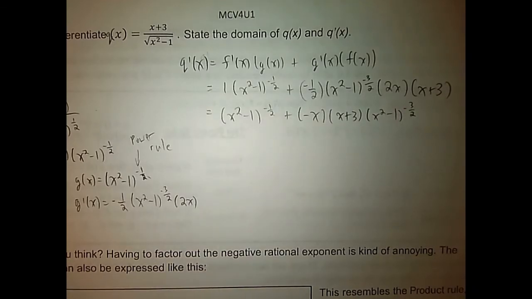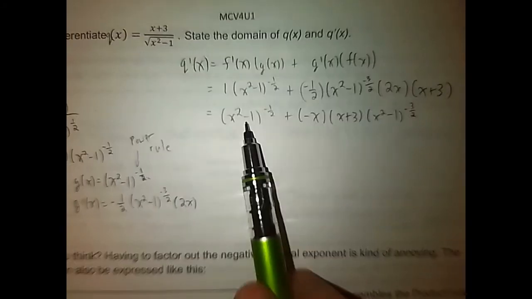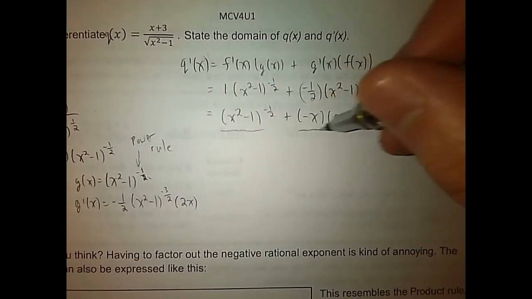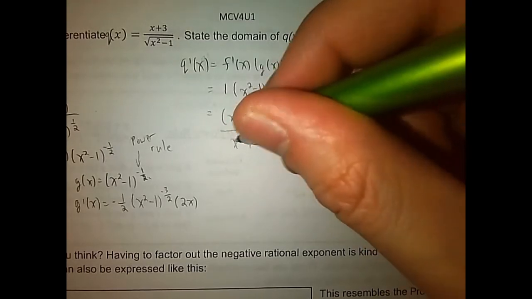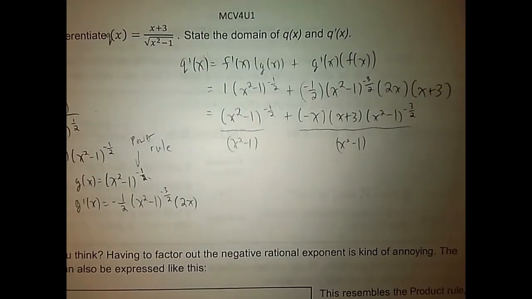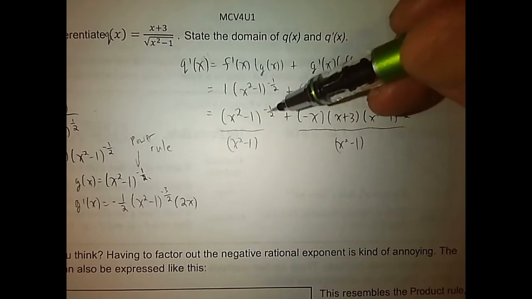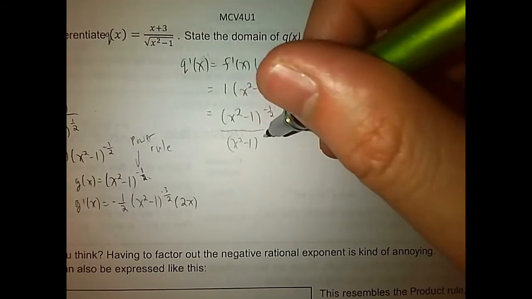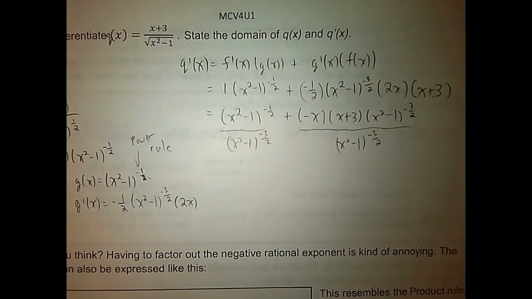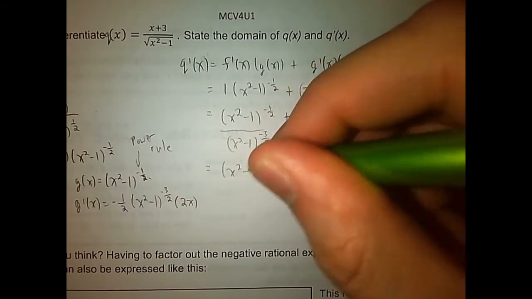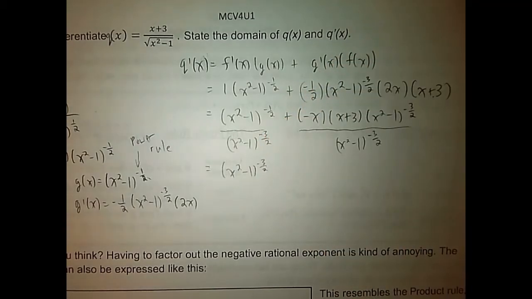So now we get to this point again. I'm going to divide by a common factor, and because we see that these have the same x squared minus 1 inside the brackets, this is going to be our common factor. But we're going to choose the exponent that is the lower exponent out of the two. So between negative 1 over 2 and negative 3 over 2, negative 3 over 2 is the lower number, so that's going to be my exponent for this common factor. So like always, bring the common factor to the front, x squared minus 1 to the negative 3 over 2.